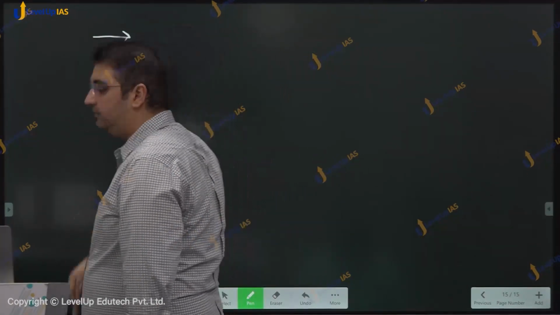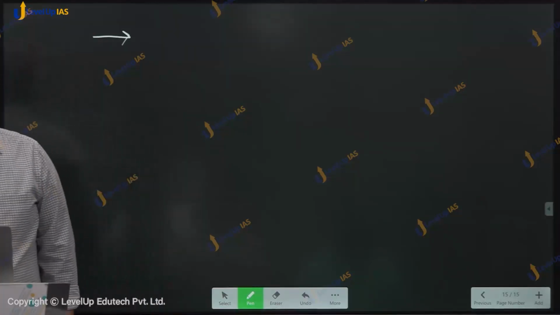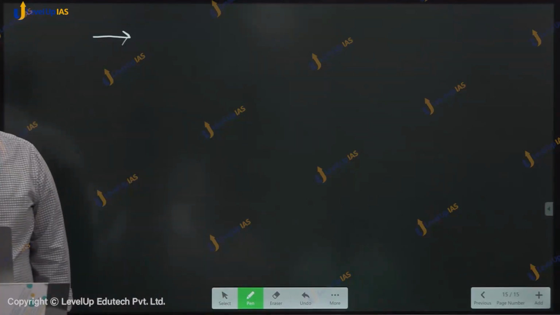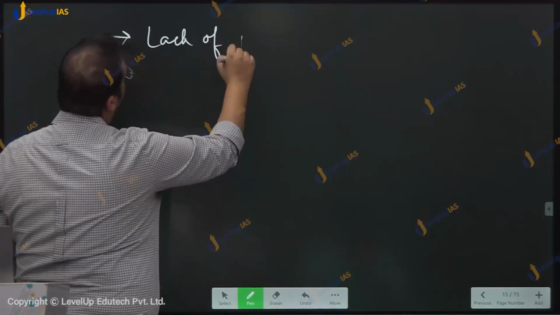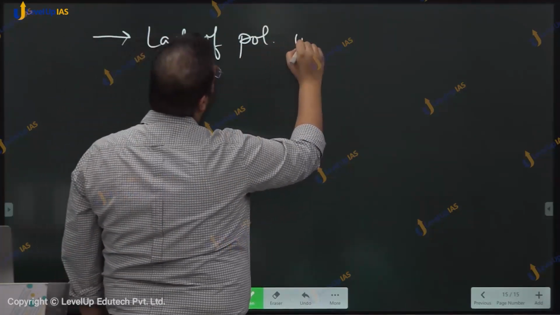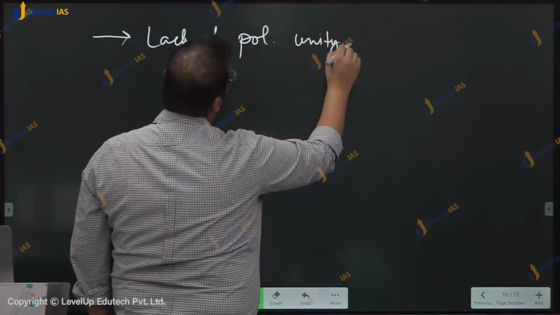And what was the significance of this disintegration? क्या हुआ इसकी वजह से? There was lack of political unity.